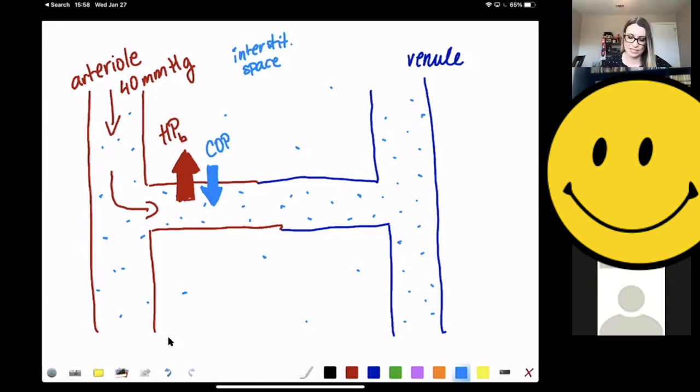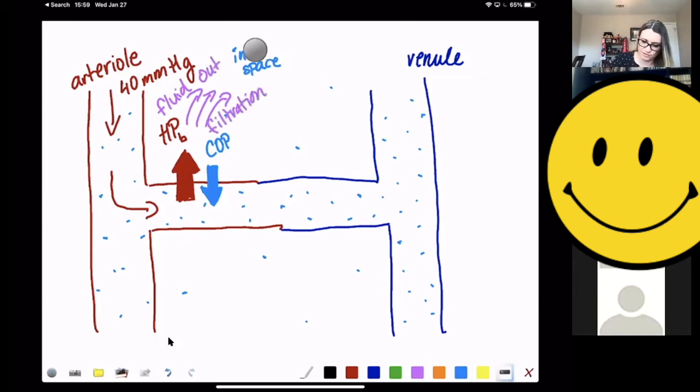It opposes, it goes against the hydrostatic pressure of the blood. But because the hydrostatic pressure is larger, you will see an overall movement of fluid out. So fluid goes out. This is known as filtration.